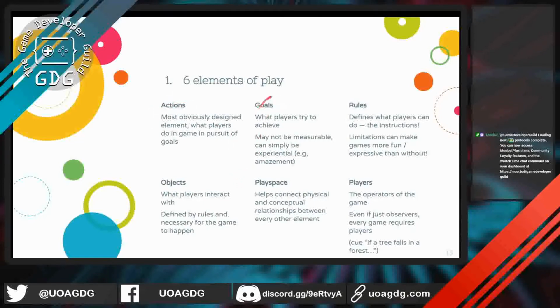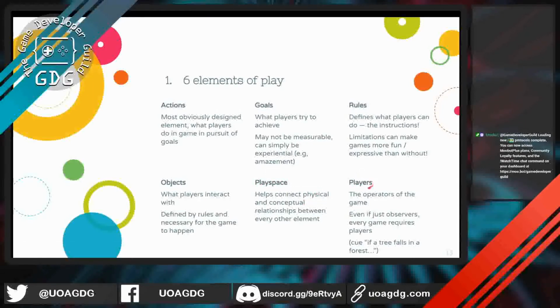As for goals, even Minecraft has goals, even if you make them yourself. Rules, same thing. Objects: even text-based adventures have abstract objects, like a grue or a dragon to fight with. Play space: even in thinking games, there's a play space, which is your mind.